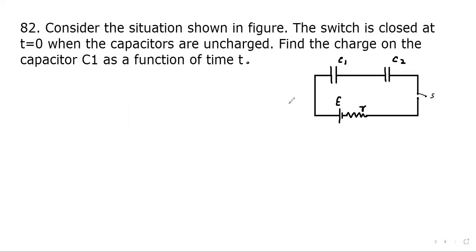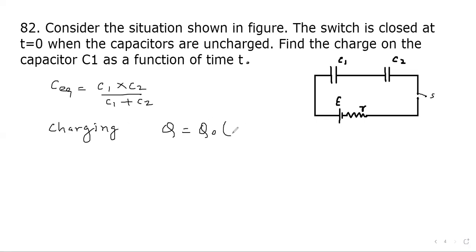Now, here when switch S is closed, the two capacitors are in series. So C equivalent will be equal to C1 into C2 divided by C1 plus C2. When switch S is closed, it means it is charging. So in case of charging, Q equal to Q0 into 1 minus e to the power minus t upon RC.